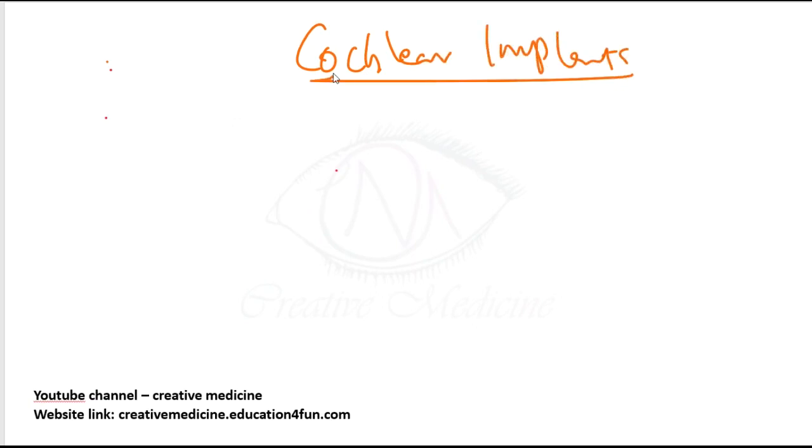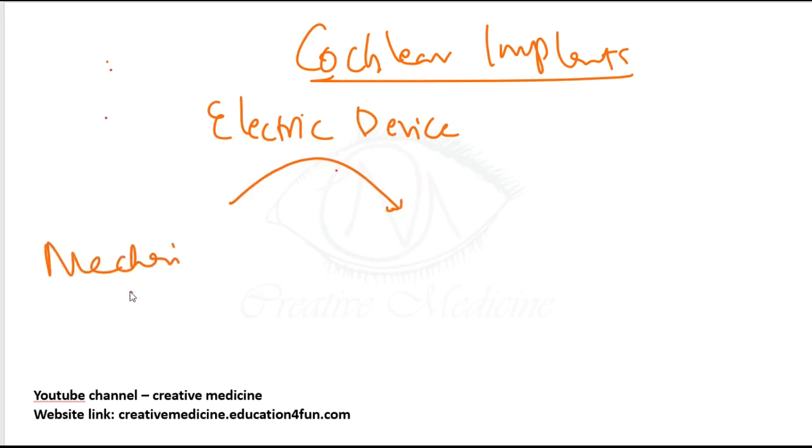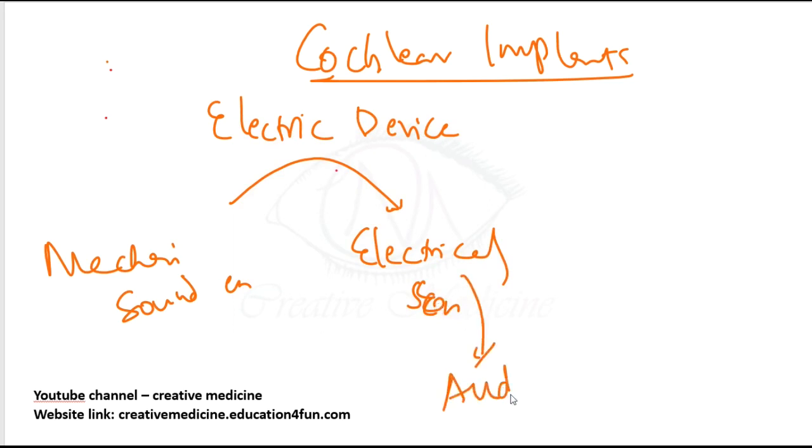Then the next important hearing aid is the cochlear implant. In cochlear implants, the electrical device will convert mechanical sound energy into electrical signals, and these signals are delivered directly to the auditory nerve.